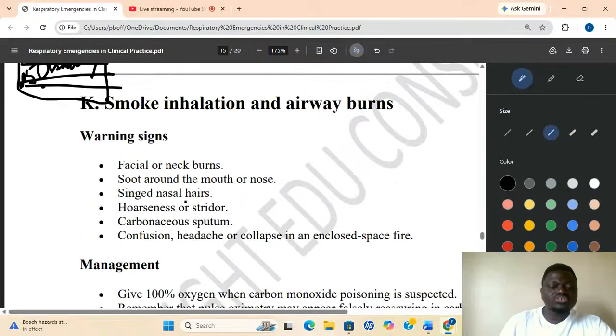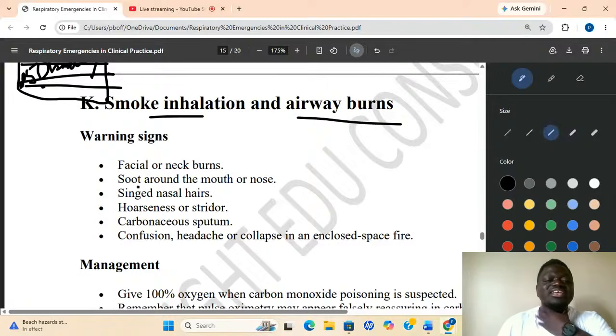Good. Smoke inhalation or airway injury burns. The patient will come with neck burns, soot around the nose and the mouth, singed nose hair. When you say singed, a hair that has half bent is called singed.